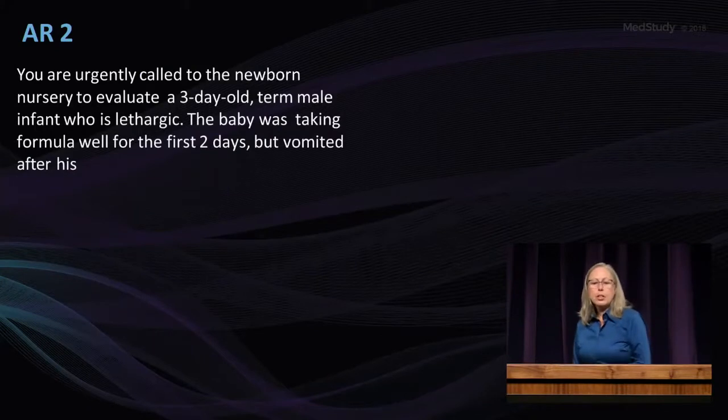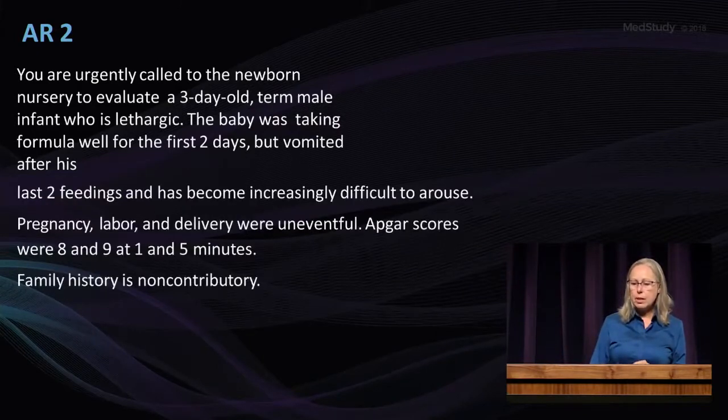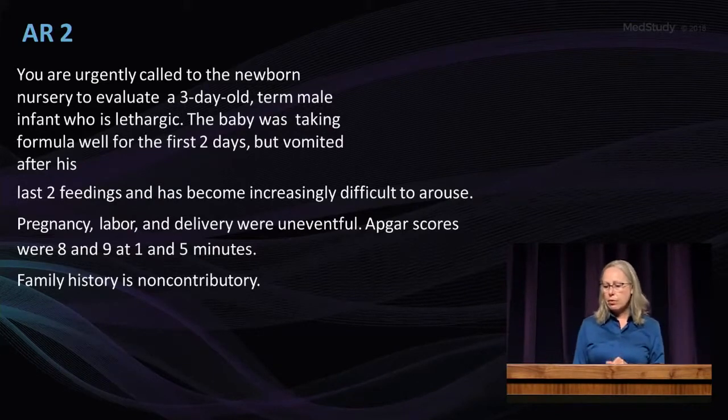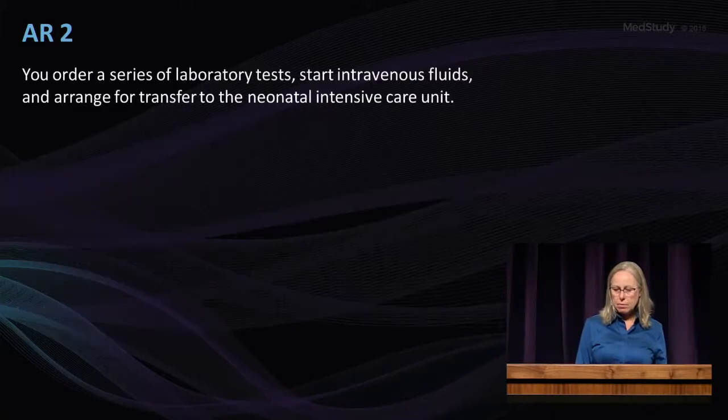All right. You're urgently called to the newborn nursery to evaluate a 3-day-old term male infant who is lethargic. The baby was taking formula well for the first 2 days, but vomited after his last 2 feedings and has become increasingly difficult to arouse. Pregnancy, labor, and delivery were uneventful. APGARs were 8 and 9. Family history is non-contributory. Baby is limp, lethargic, and unresponsive.